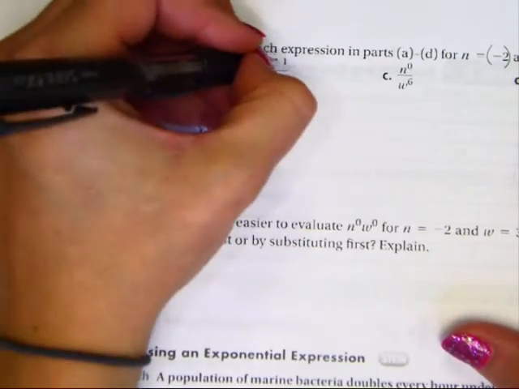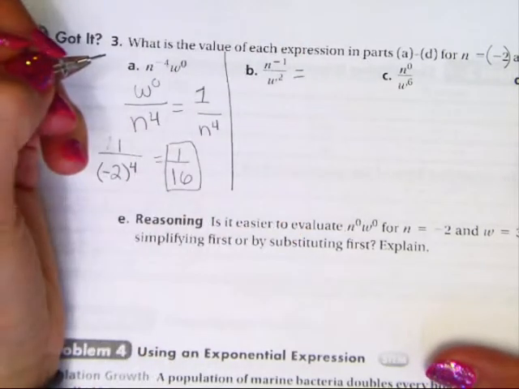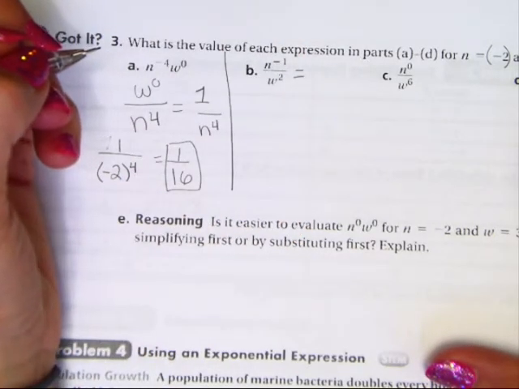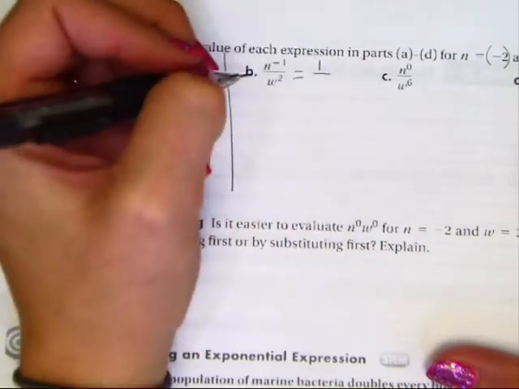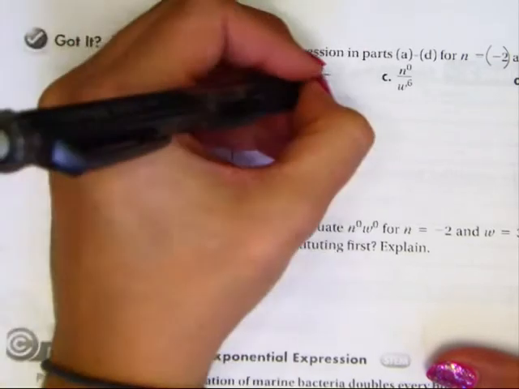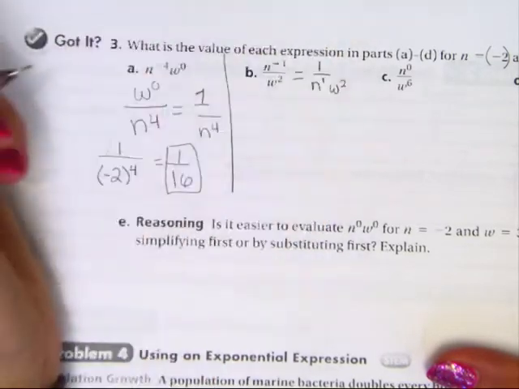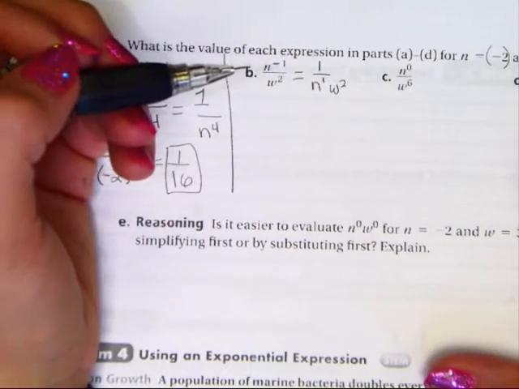Part B. Do you see how n has a -1? I'm going to fix this first. You don't have to fix it, but I'm going to. That leaves a 1 in the numerator because the W squared is happy in the bottom. The n to the first goes down below, and the W squared goes down below. Now you don't have to write the first power because the first power is always implied.